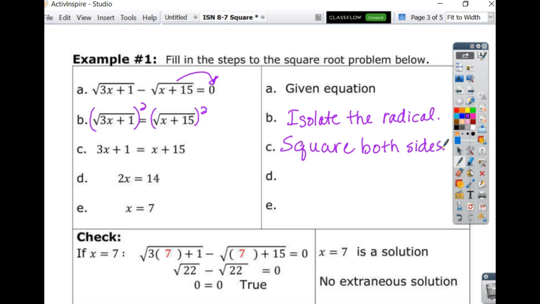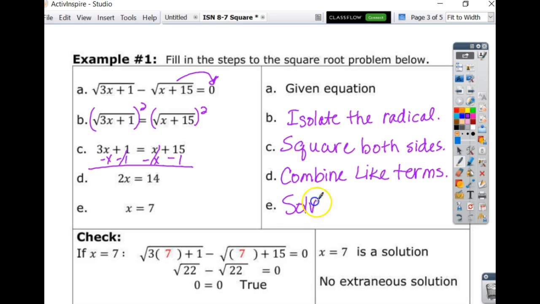So to get from here to here, I'm going to combine like terms. So I'm going to subtract 1, and I'm going to move the x's this way. So I get 2x is 14, and then I'm going to solve. So I get x is 7.